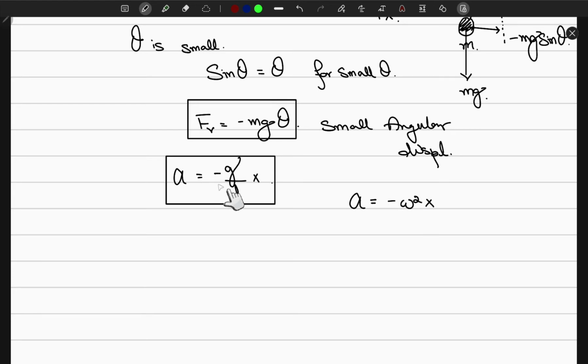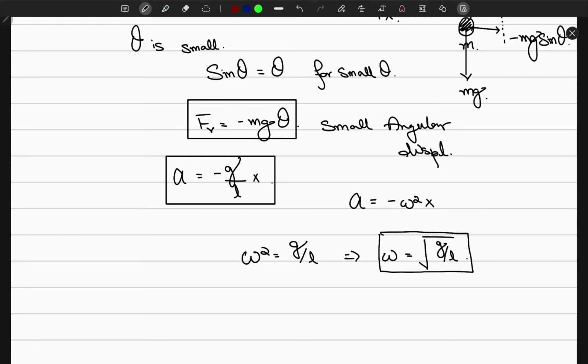In that case, comparing the two equations, we see that omega squared is equal to g over L, which means that the angular velocity is given as square root g over L, right? So for a simple pendulum, this is the angular velocity, and you can see that this is independent of mass, and it is also independent of the amplitude.